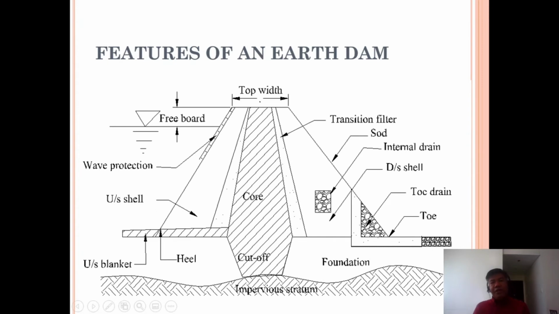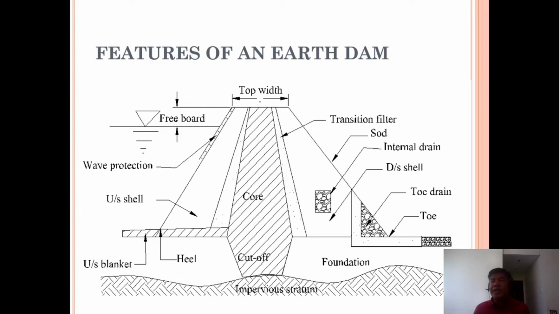So here is a feature of an earth dam. This is just a general feature of the whole cross section of an earth dam. You can see there the top width. Most of these features, you are going to decide or come up with first in the preliminary design. The first thing in mind is: where can I get the value of the top width?